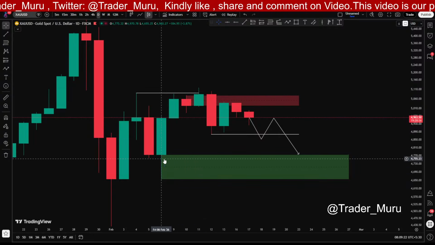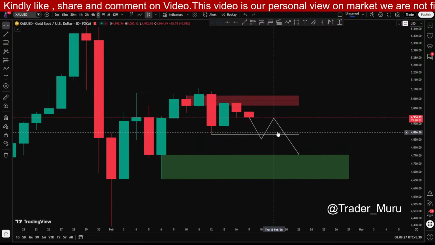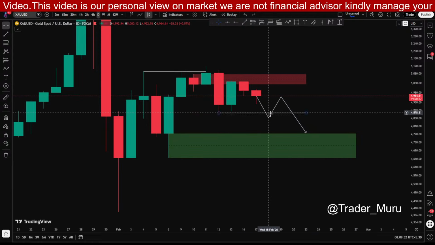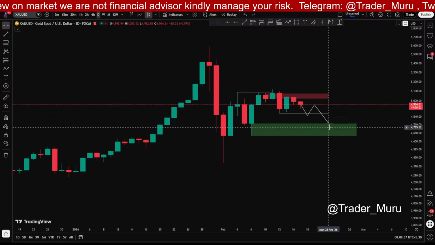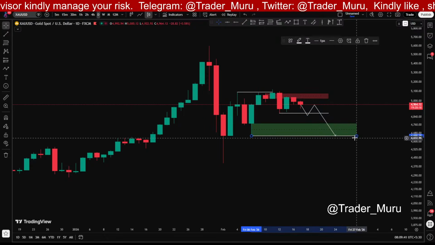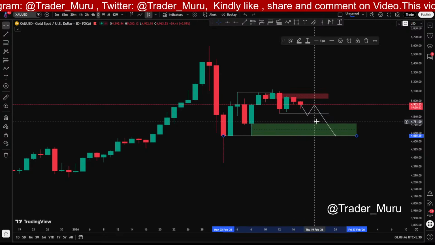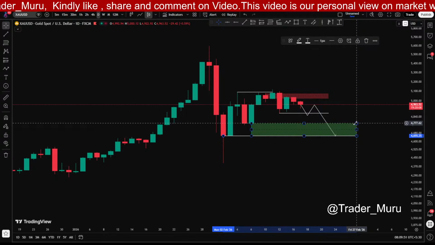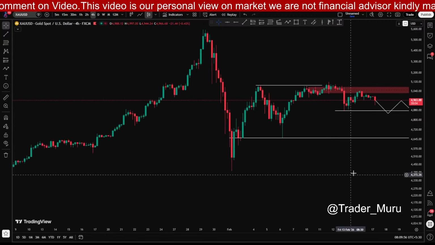That means this area can also be broken, and the possible target for this drop will be near about this area here, because from here we have this pump and this one, so there will be a drop towards the area of 4655. Now let's see these areas in the 4-hour time frame.